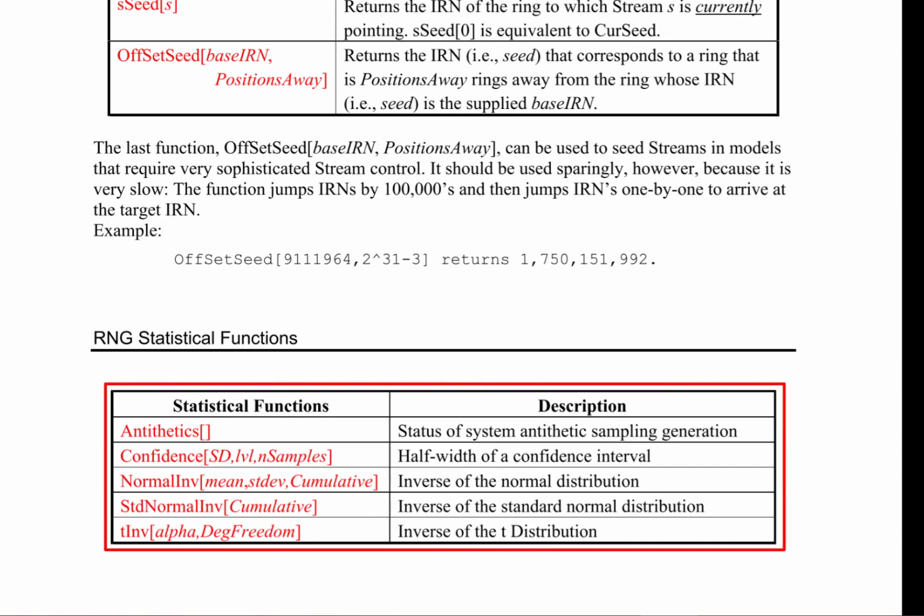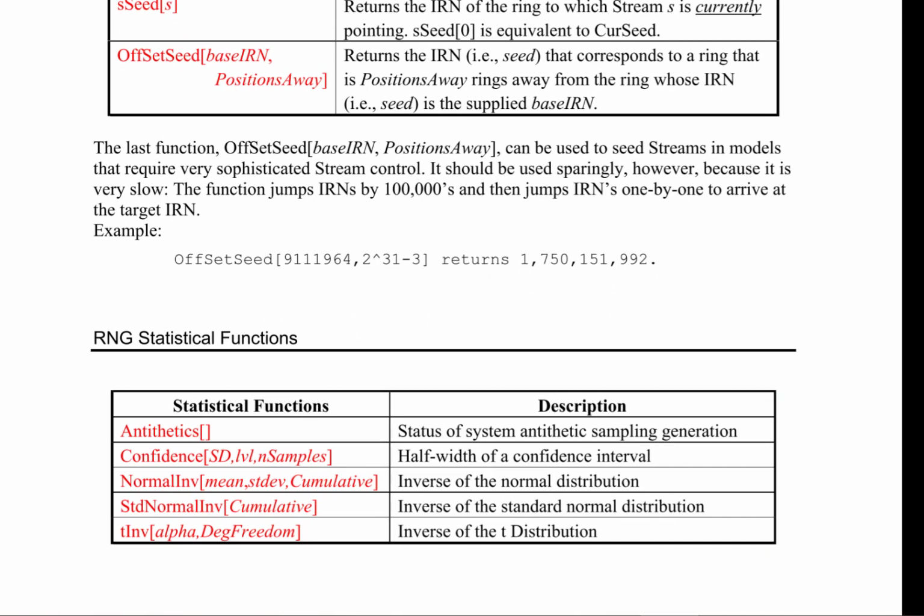The next table shows the random number generator statistical functions. The first statement, antithetics, shows the status of the system antithetic sampling generation. This is something that will be described in variance reduction later on.